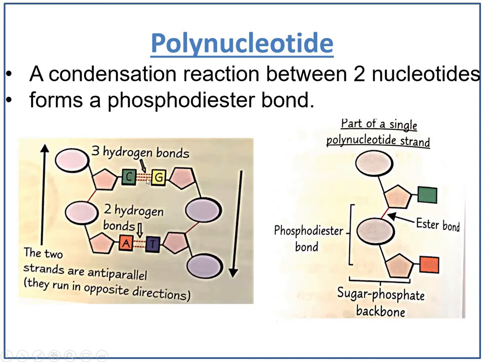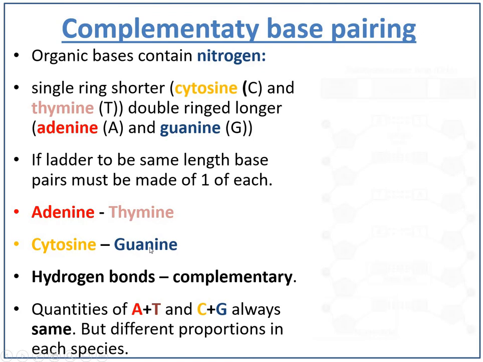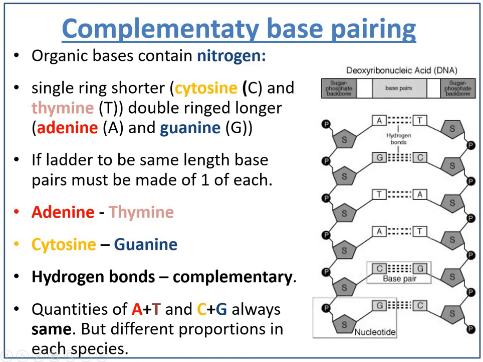And when we get onto base pairing, you'll see that there are 3 hydrogen bonds between cytosine and guanine and 2 hydrogen bonds between adenine and thymine. The way in which they pair up is by complementary base pairing.